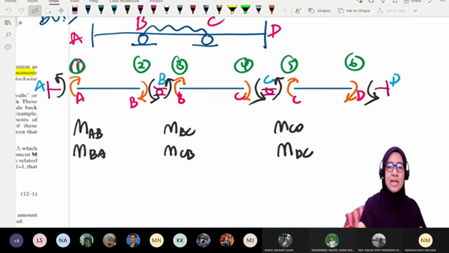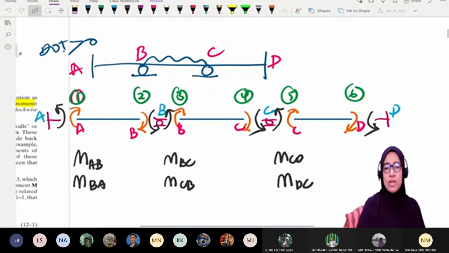This I sketched and separated out. It means this is the free body diagram from the diagram on top of it, the continuous beam A, B, C, D, with a UDL along BC. If I draw the free body diagrams, that's how it looks.